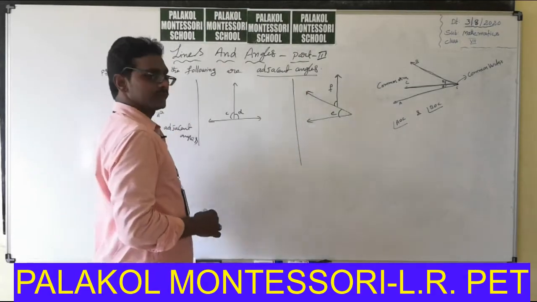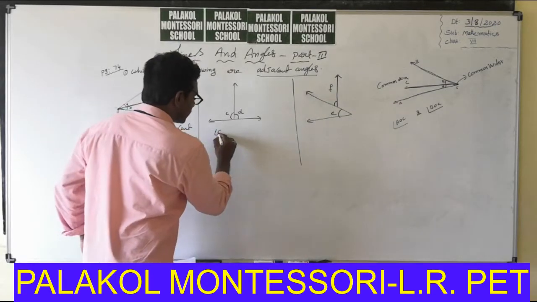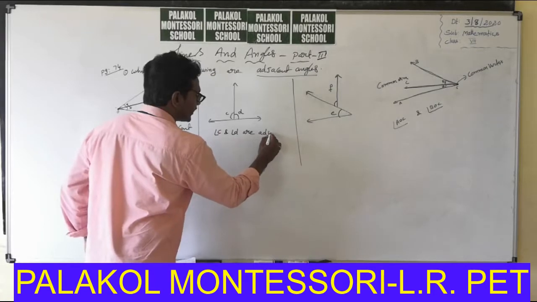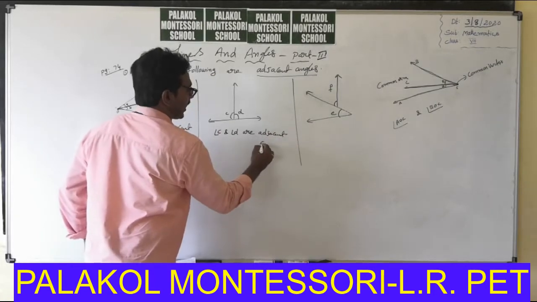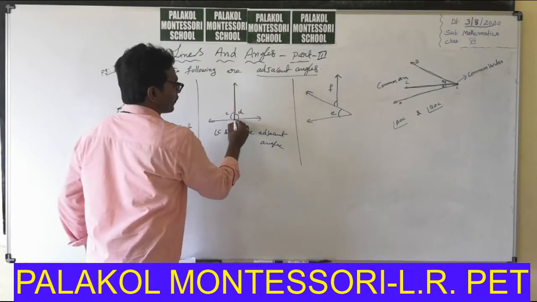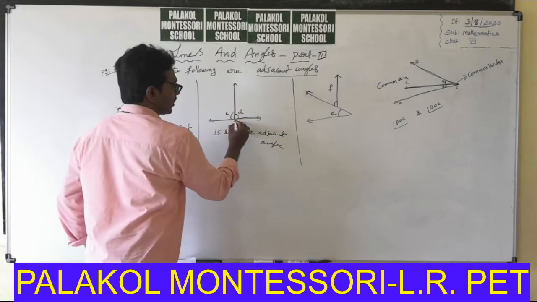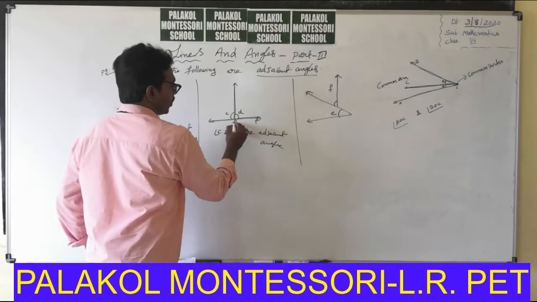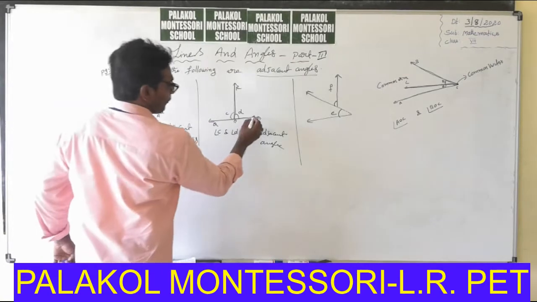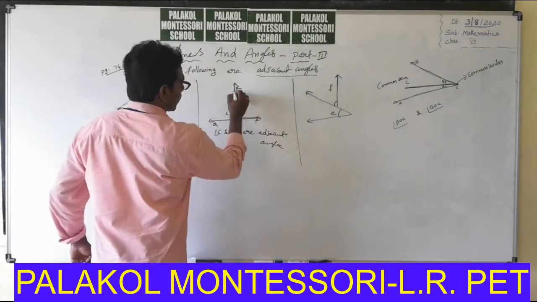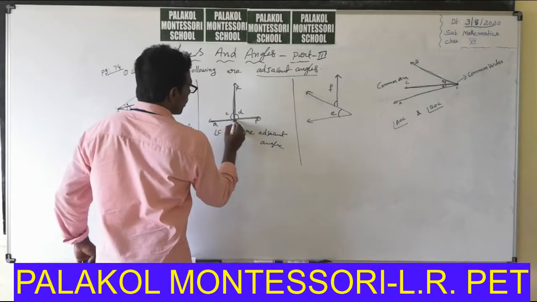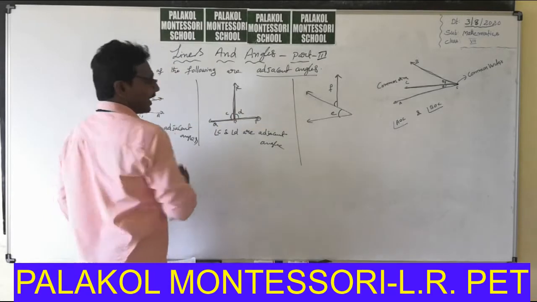Come to this one. Angle C and angle D are also adjacent angles. Why? See, this is common to this side and this side. Suppose we name P, O, Q, and this one is R. POR forms one angle, QOR forms another angle.